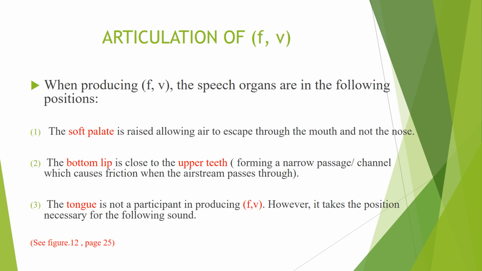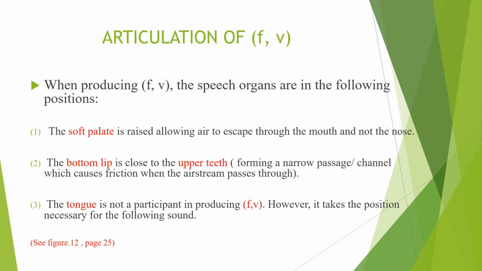Number 2, the bottom lip is close to the upper teeth, i.e., we place the upper teeth on the lower lip or on the bottom lip. Now, when we do that, we form a narrow passage. You can try it now, which causes friction.